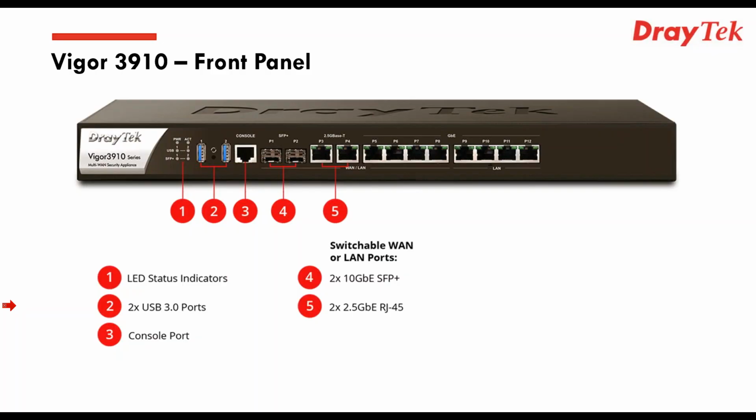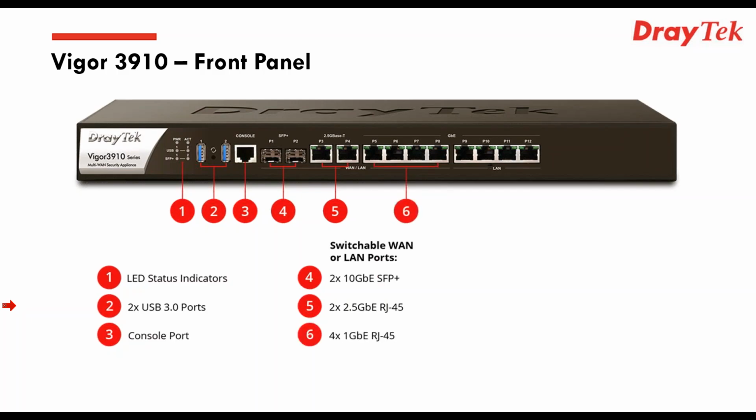The next ports that we have available are some 2.5 gigabit Ethernet ports. So the device will support up to 2.5 on these ports via using gigabit Ethernet RJ45 cables.